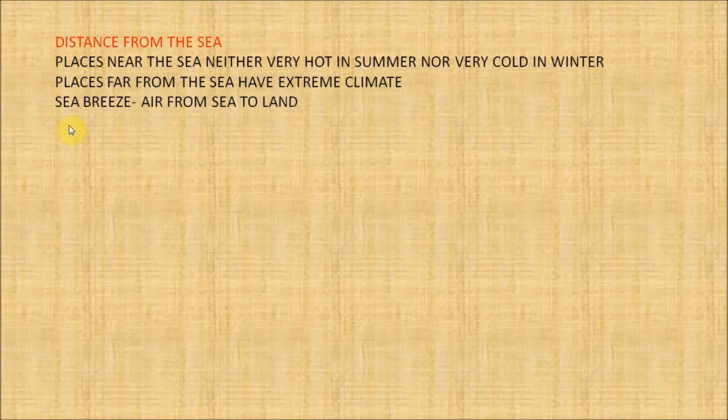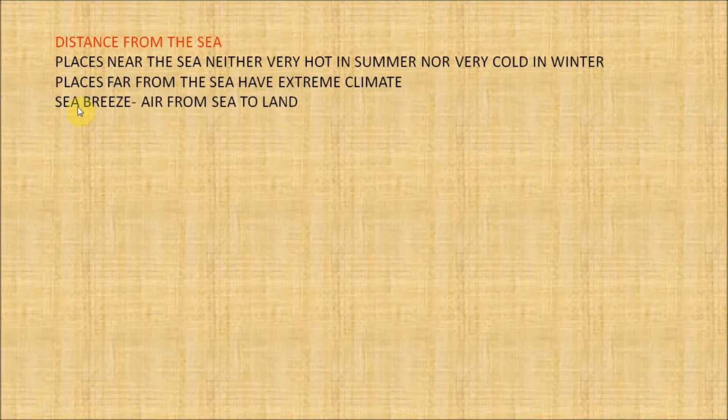In the daytime, the sun heats both land and sea. The land heats up faster and warms up the air. The cooler air from the sea comes to take its place. That is why the cool sea breeze blows during the day near the coast. So that is called sea breeze. So sea breeze is air from the sea to land.